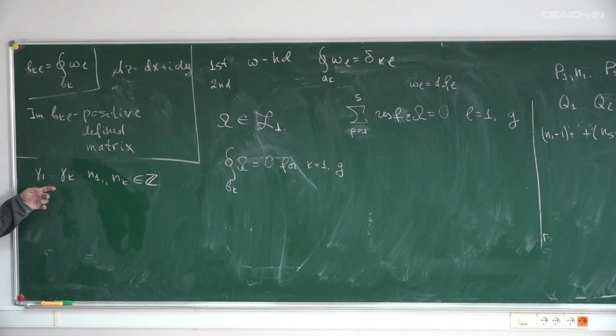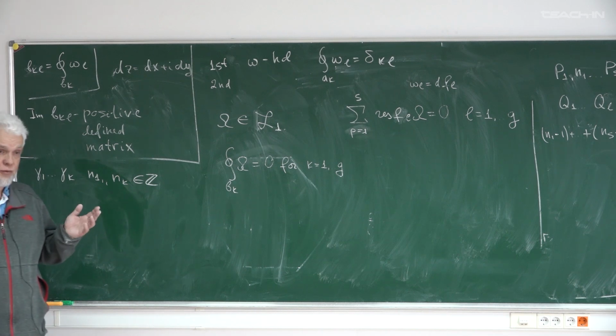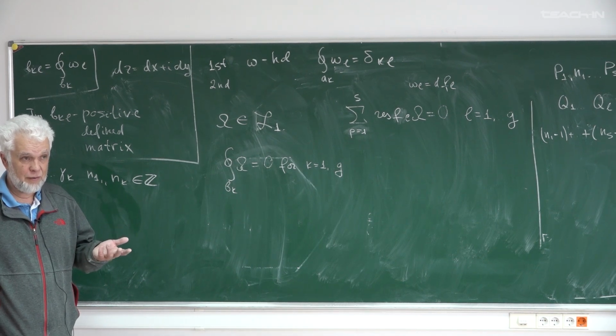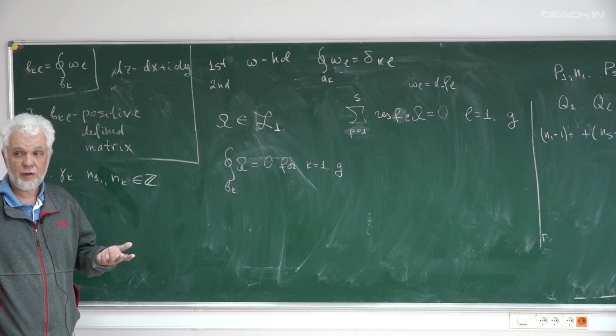So formally, in the first approximation, a divisor is a collection of points counted with integer weights, positive or negative.